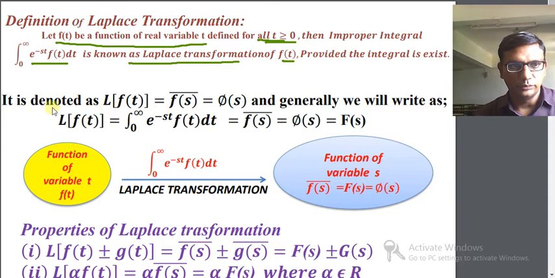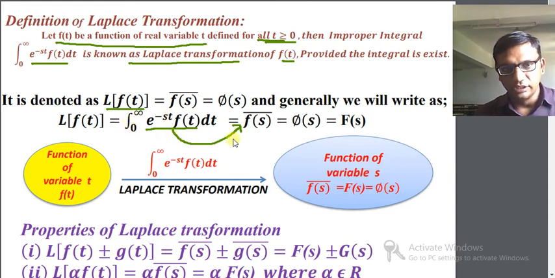First of all, how to denote the Laplace transformation. Laplace of f(t) is denoted like this, and after applying the Laplace integration, that is integration 0 to infinity e raised to minus st f(t) dt, we get some function of s after putting the limit. First solve the integration, then put the limit 0 to infinity, and as a result we get some new function of s.